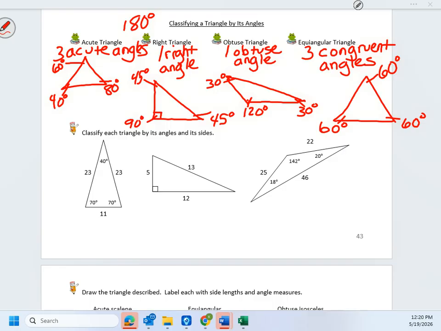Any questions on my angle triangles? Again, on your help sheet, you're going to want to label it. These are my side triangles, and this is what they mean. Definitions. These are my angle triangles and their definitions.